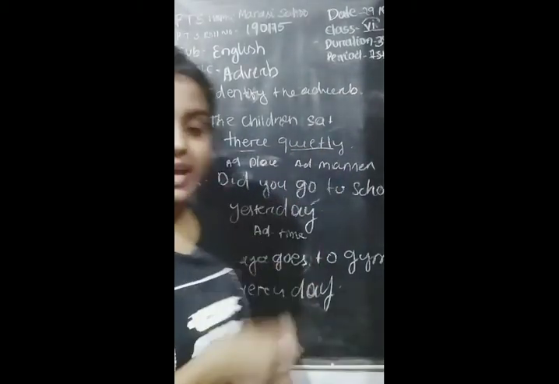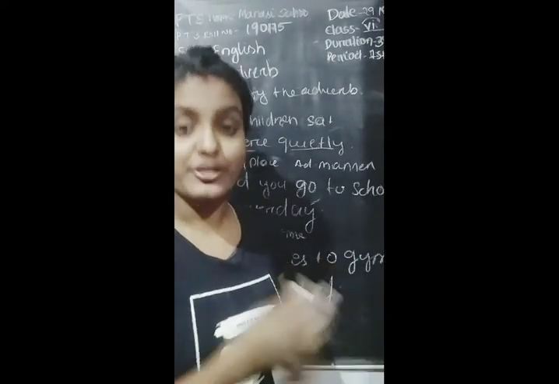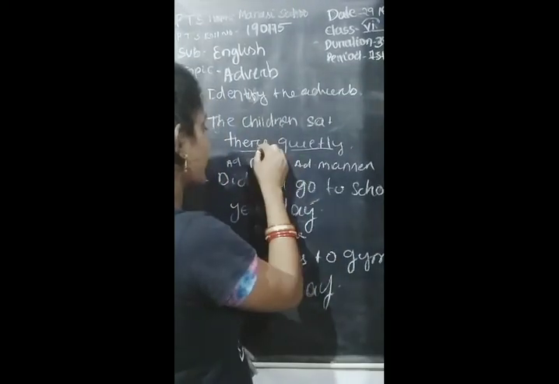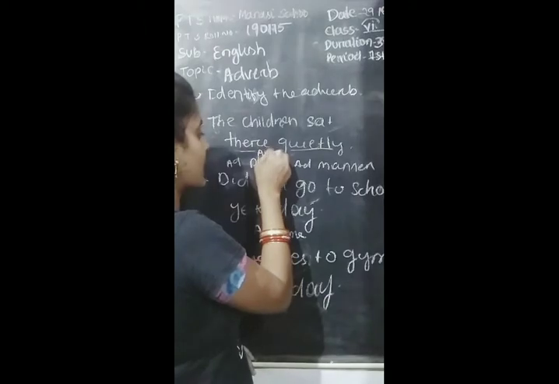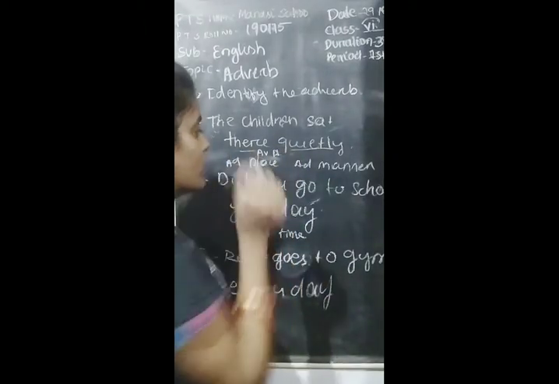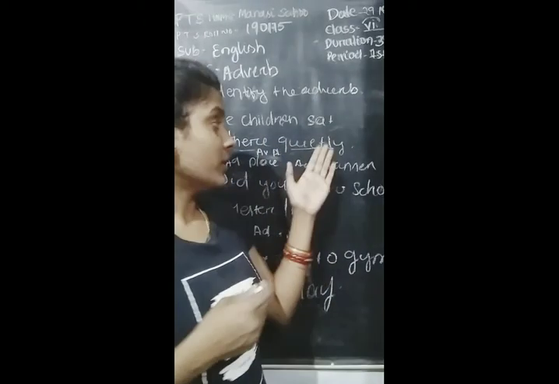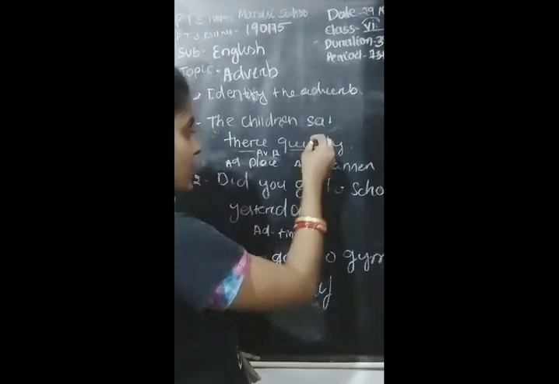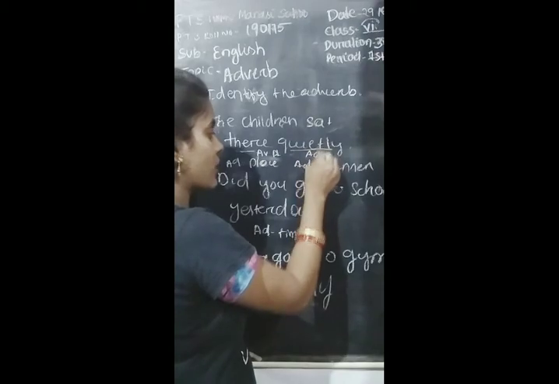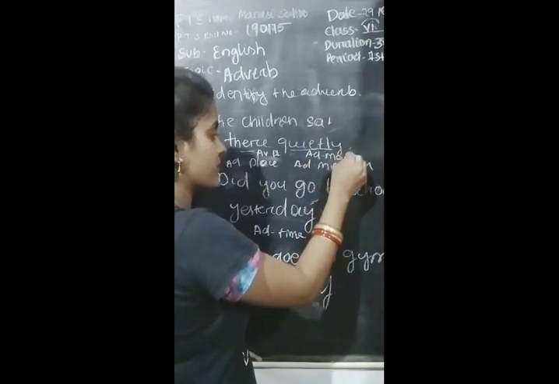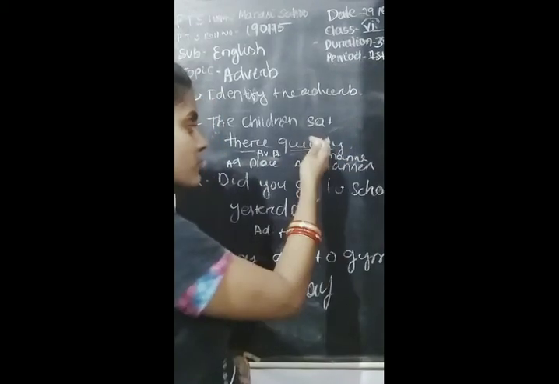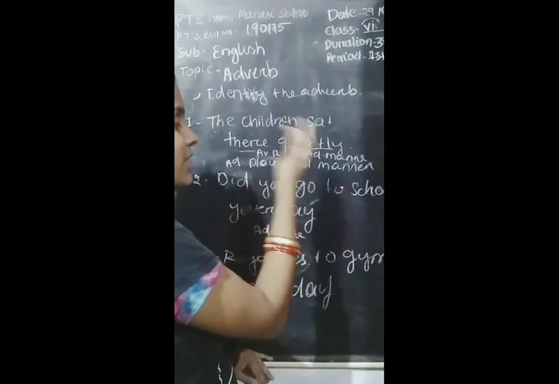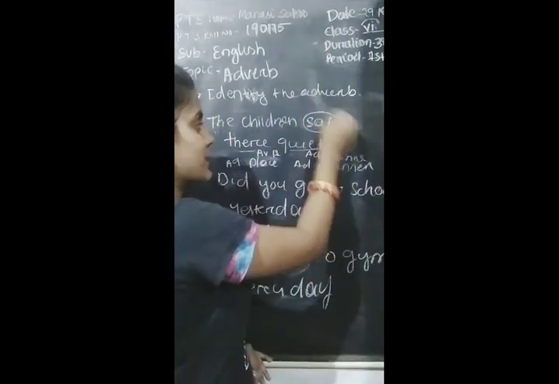The word there is an adverb of place. The adverb quietly is an adverb of manner. These two adverbs modify the word said.